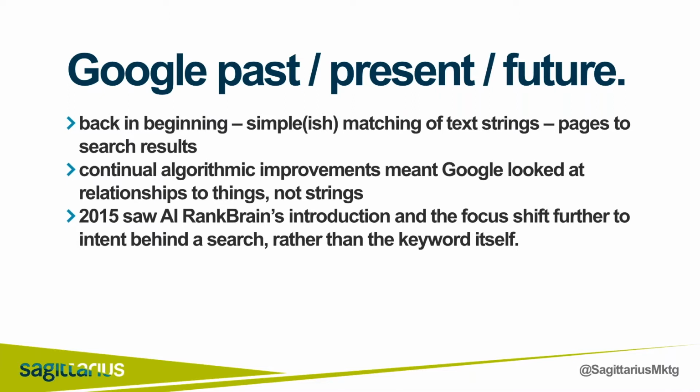When that was introduced, the focus shifted to the intent behind the search, and it's using machine learning and artificial intelligence to understand why people are searching for certain things, how things are linked. It's almost a humanizing of search. It's trying to present that right answer first every single time, no matter what you type in. That is a really top level idea of what Google's looking at. And the focus shifts more and more to actually getting the intent right, because if you get the intent right, you can generally serve the right content.